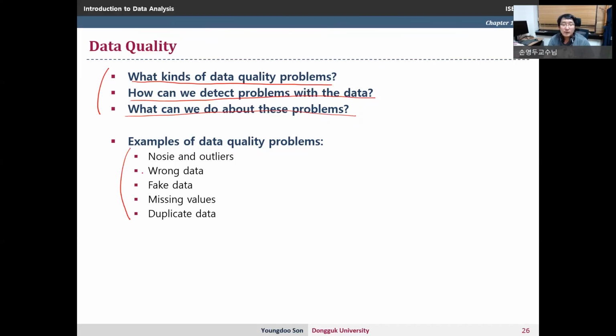What kind of data quality problems? There are so many types of data quality problems, but the typical ones are here. So first one is the noise and outliers. And the second one is wrong data. The third one is fake data, and the fourth one is missing values, and the fifth one is duplicate data.